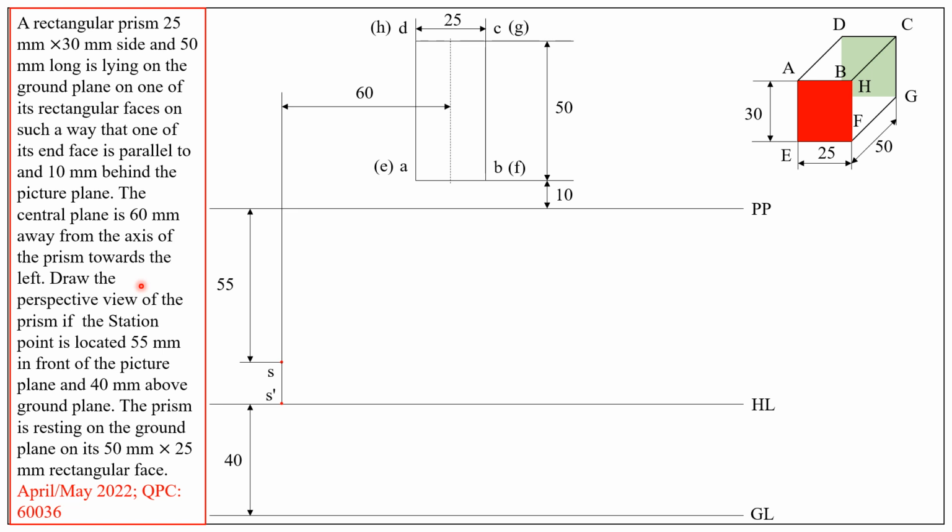So next we need to follow a procedure called the visual ray method to draw the perspective view of the square prism.